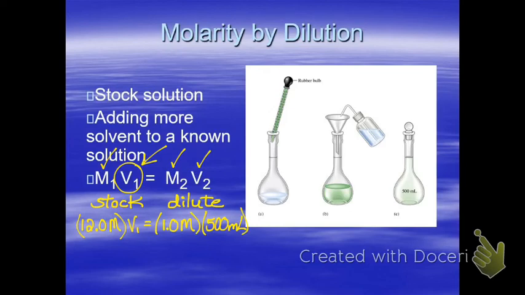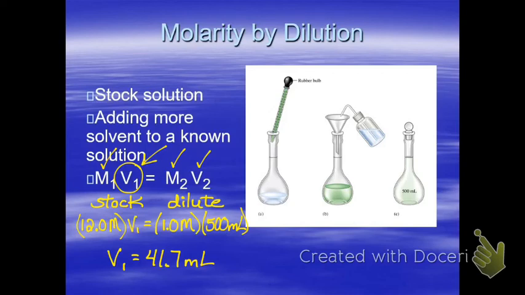So if we do the math here, 500 divided by 12, this is what I get. That number is how much of the stock solution I'm going to measure out with my pipette.